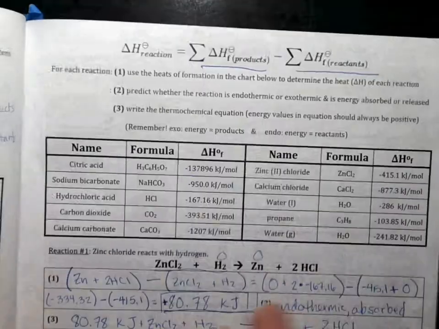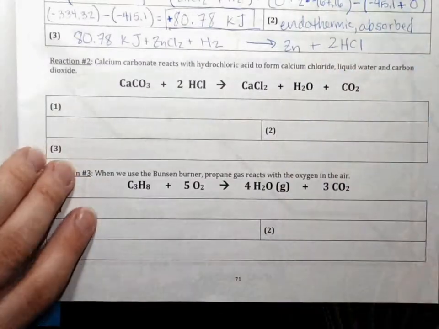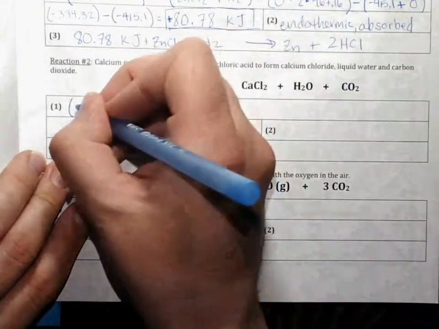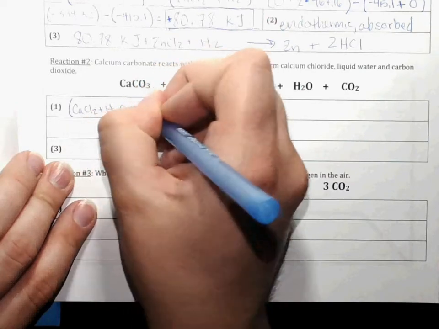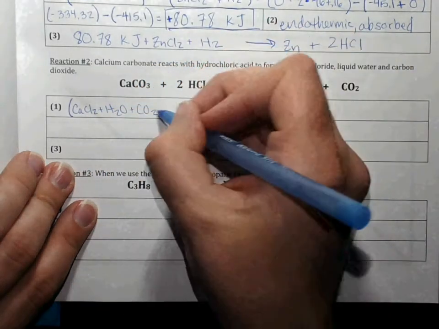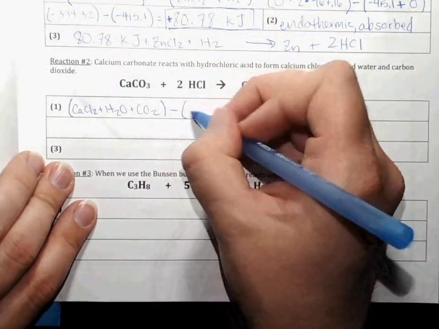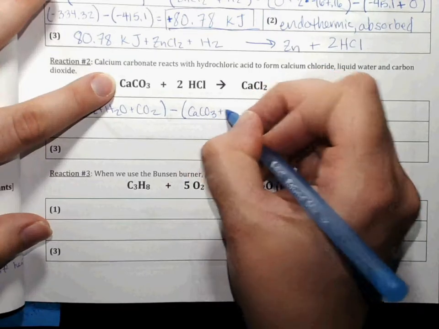So we are supposed to do products minus reactants. So the products here are CaCl2, H2O, CO2, and it's minus the reactants, which were CaCO3 and 2HCl.